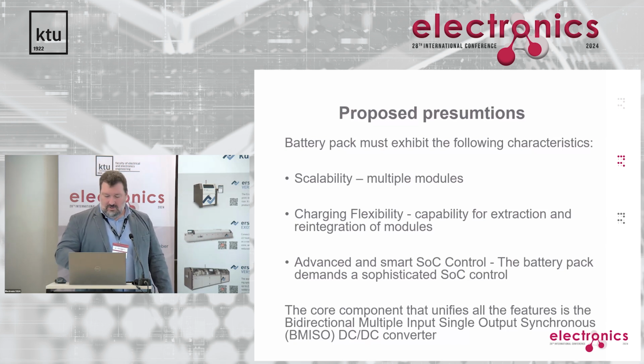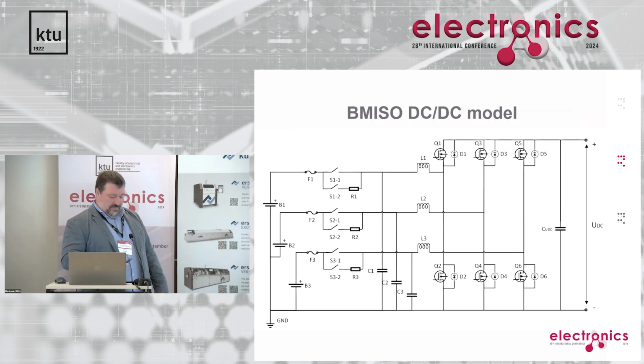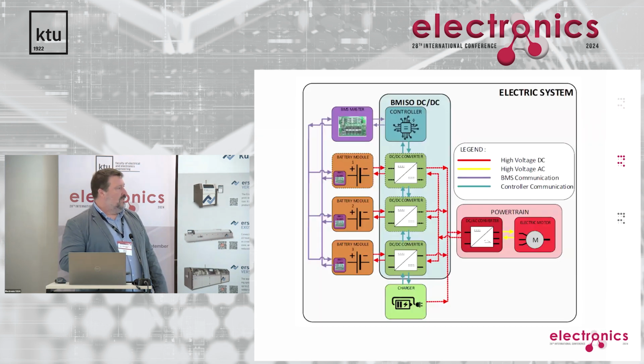How does it look? It looks like this. So here is an example of three battery modules in this battery pack. Of course, they're equipped with battery management system. This is the BMS master, and this is what we came up with.